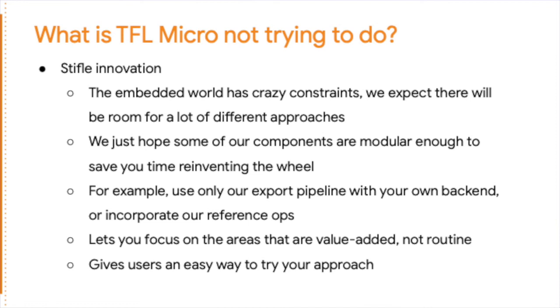Use our own export pipeline or grab our reference ops as a starting point and ignore our interpreter. We've really tried to design this framework to be very, very hackable and to be a box of Lego bricks you can reach into and grab what you need.